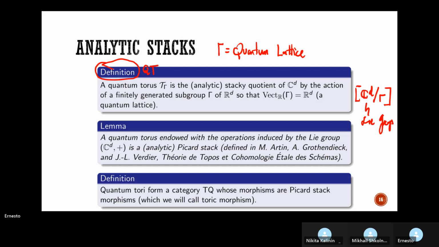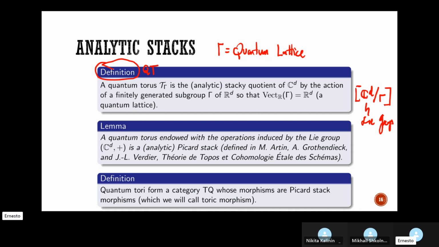The precise definition of analytic Picard stack is in Topos Theory and Cohomology, and Étale Cohomology of Schemes by Artin, Grothendieck, and Verdier. So this is the analog of an abelian Lie group in the world of stacks, analytic stacks.